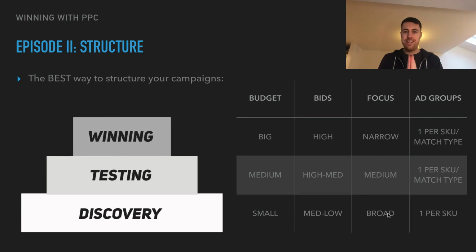Keywords only go into the winning campaign once we have tested and proven that they are profitable. So what we're going to be testing during this testing phase is two things. We're going to be, of course, testing the keywords, but also testing the match type. It's really important that we understand this, and it's really important that we continue these keywords up this funnel once we've tested the match type.